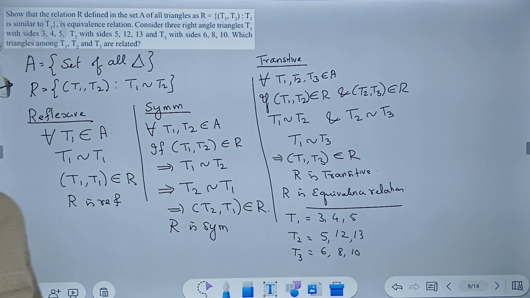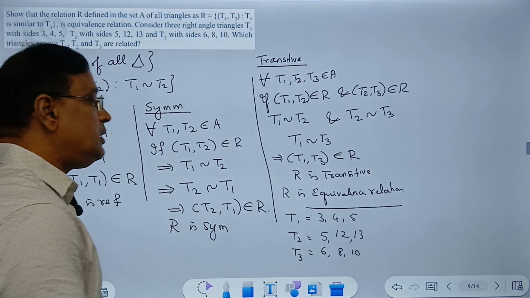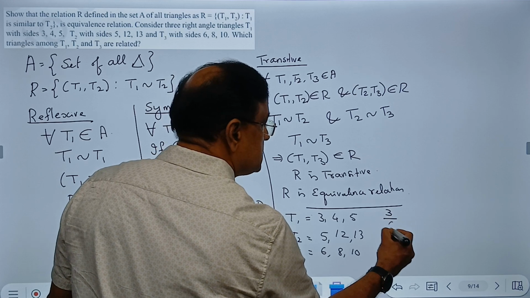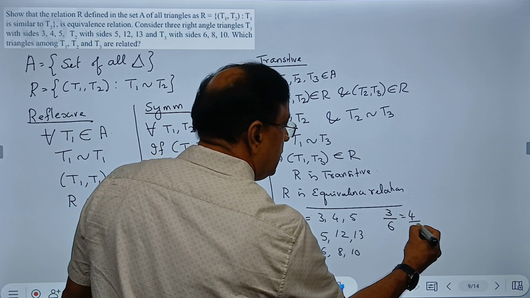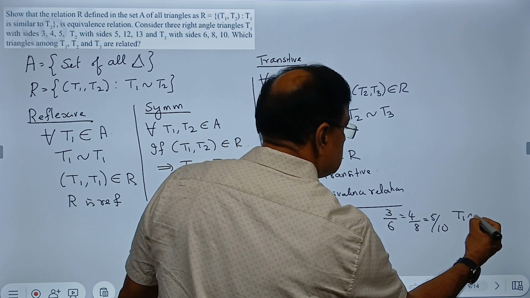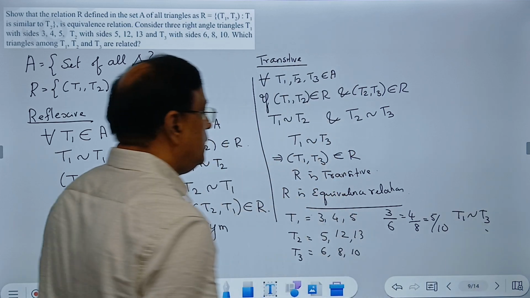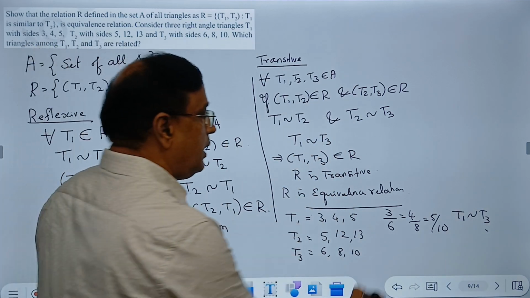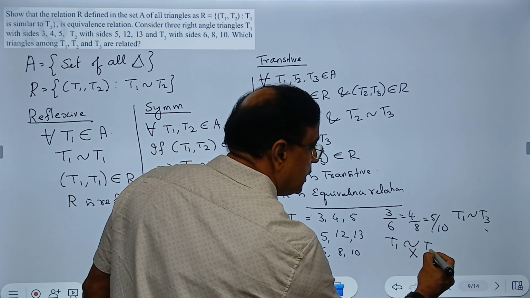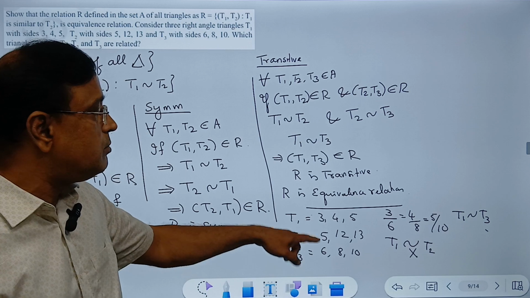We are using the properties of similarity. Let us see which sides are proportional. Clearly you can see 3 by 6 equal to 4 by 8 equal to 5 by 10. So triangle 1 is similar to triangle 3. But triangle 1 is not similar to triangle 2, because the sides are not proportional.